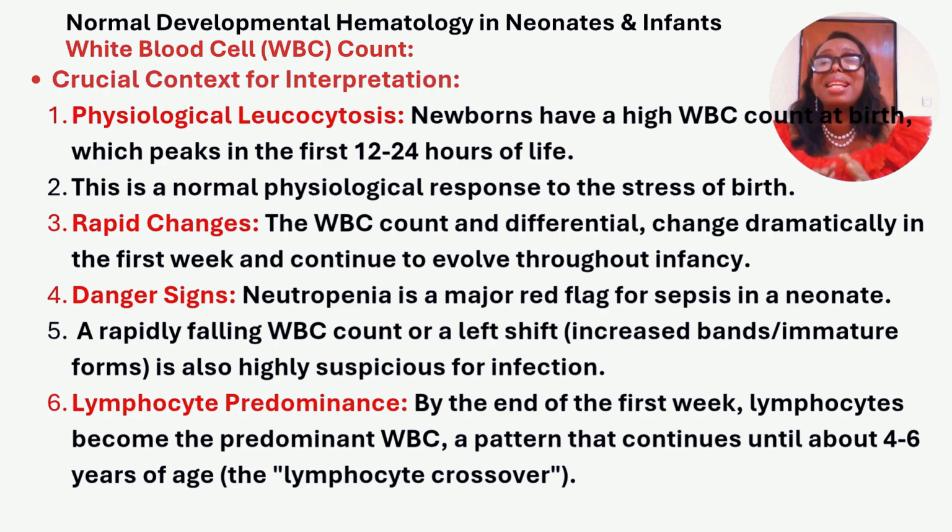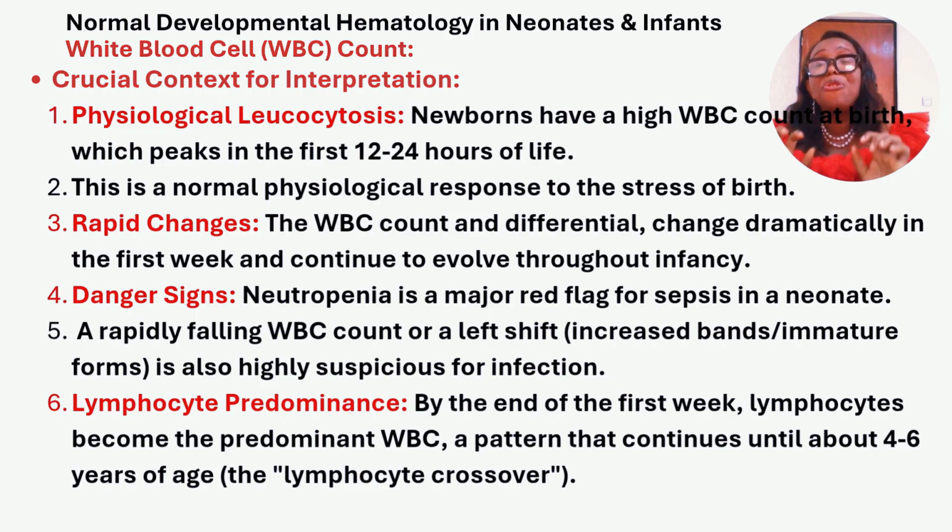Number three, there are danger signs. Neutropenia is the major red flag for sepsis in the neonates. A rapid fall in WBC count or a left shift, that is increased presence of band forms or immature forms in the peripheral blood film, is also highly suspicious of infection in the neonates.